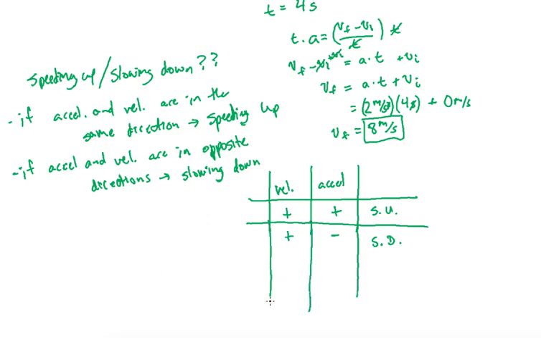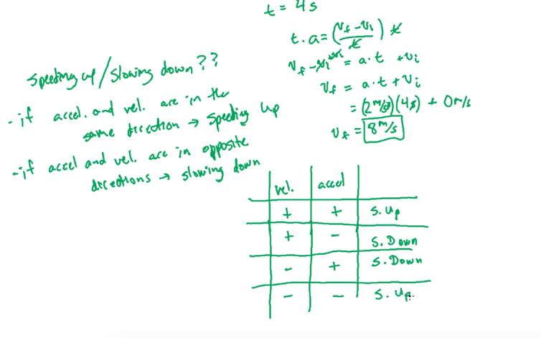Make these a little longer. If velocity is negative and acceleration is positive, they're opposites, it's slowing down. So maybe I should write down slowing down, here you're speeding up. And the last possibility is if they're both negative, that would make them the same, and this would be speeding up.